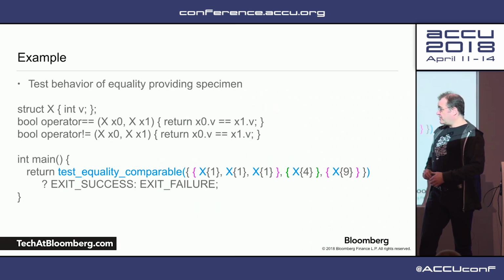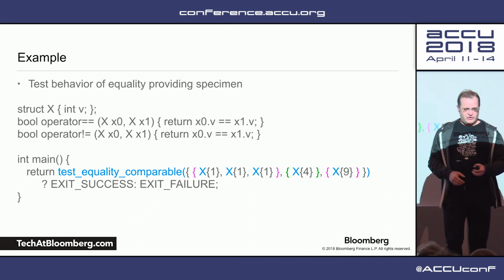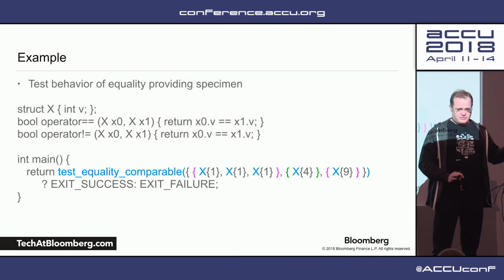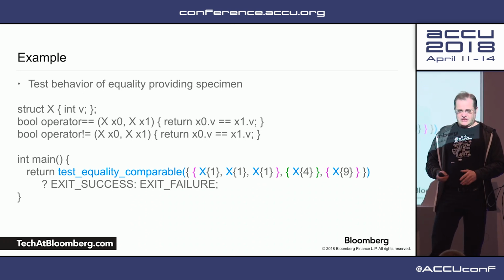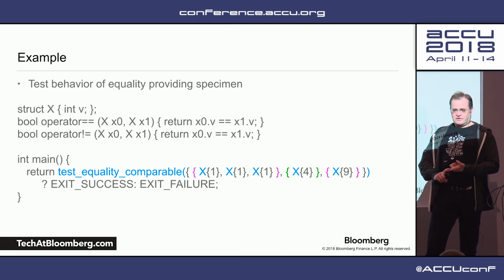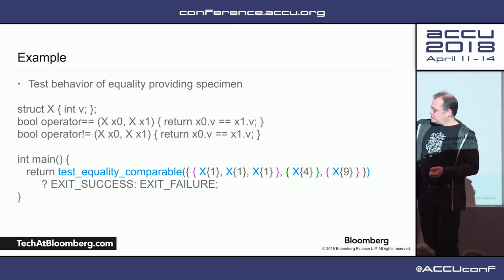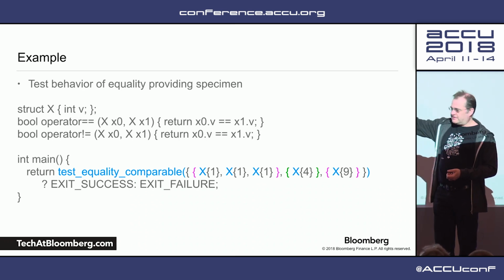So here's a simple example. Let's say I've written a class X, and I want or need to have a comparison operator. Sure, I know with C++20 operator starship may make that all very easy and nice, but that doesn't exist here, and it's a nice enough example to show what I'm after. I actually want to write a test. Here's a simple test driver for the class, which just tests the thing.